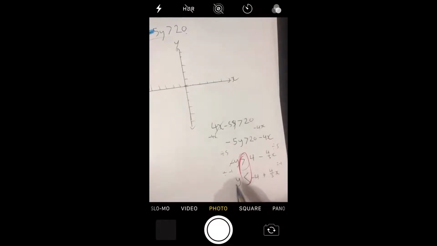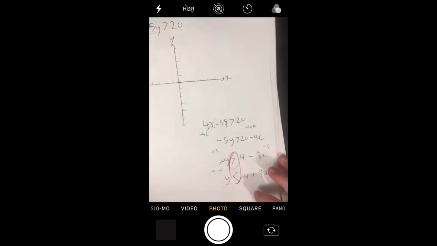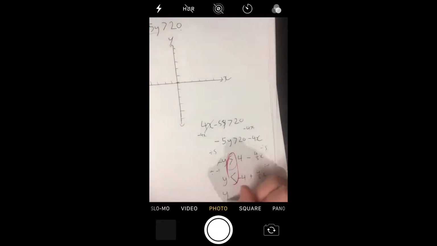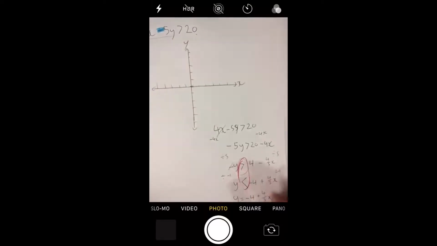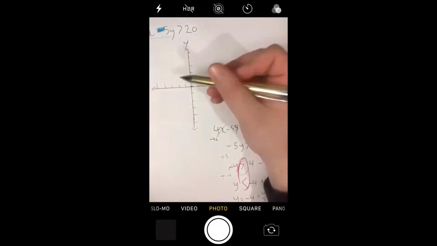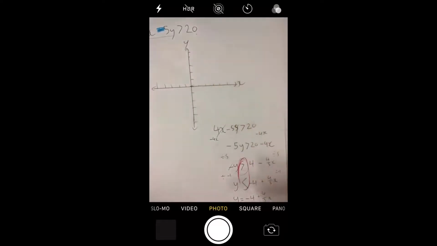Now, we can't plot inequalities like this, but what we can do is sketch y equals negative 4 plus 4 over 5x. So let's plot that in here. We've got y equals -4, so that's the y-intercept, c, and 4 over 5, that's going to be m.